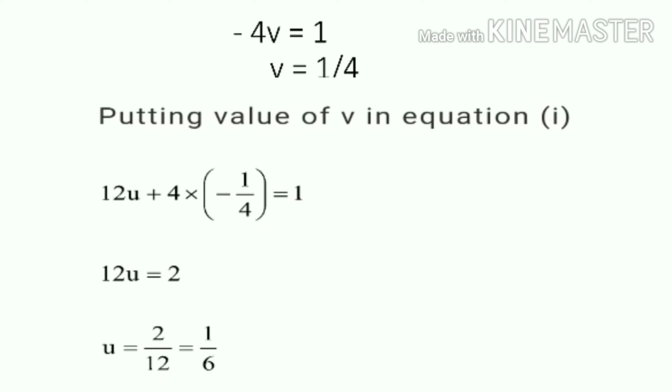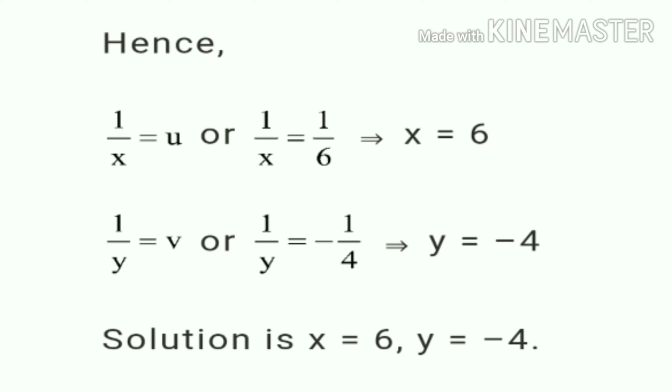We had let 1 upon x is equal to u. So what is the value of u? That is 1 upon 6. So 1 upon x is equal to 1 upon 6, that's why x is equal to 6. And 1 upon y is equal to v, so 1 upon y is equal to minus 1 upon 4. That's why y is equal to minus 4. So by this we have got the values of x and y.